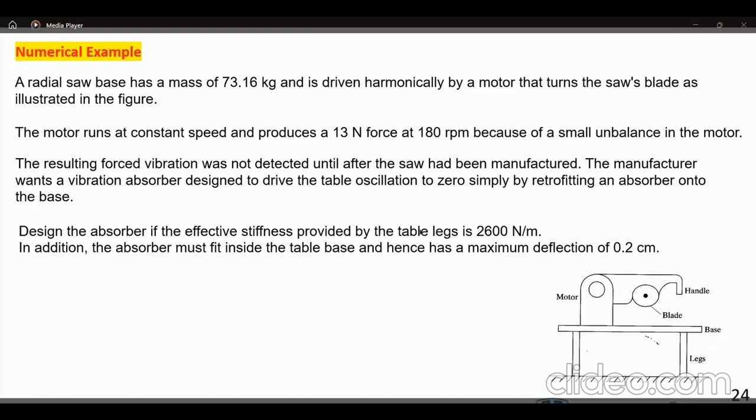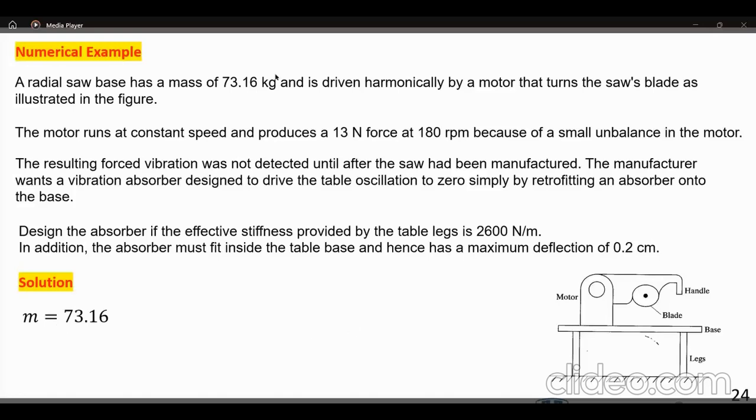We know the stiffness of the table legs. We need stiffness of that, and the maximum oscillation of the absorbing mass should not exceed this. In other words, XA, big XA, must be 0.2. So what do we know?